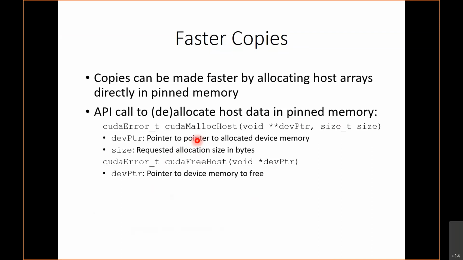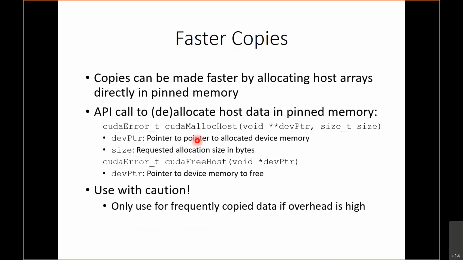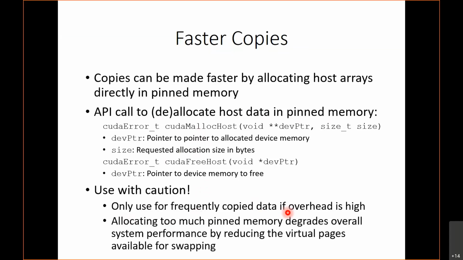And obviously I cannot allocate more pinned memory than the amount of memory I actually have in the system. So you have to use pinned memory with a lot of caution. It should only be used for data that we are frequently copying back and forth between the CPU and the GPU. If we allocate too much pinned memory, it would degrade overall performance because we're reducing the virtual pages available for swap.